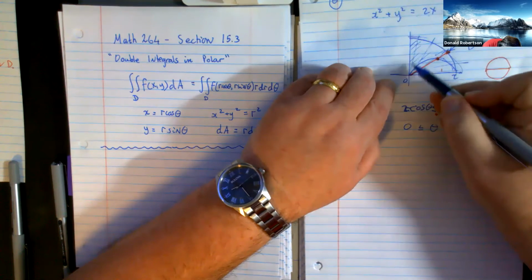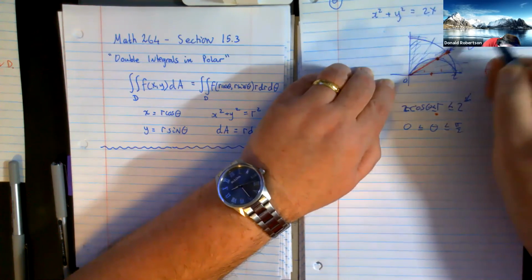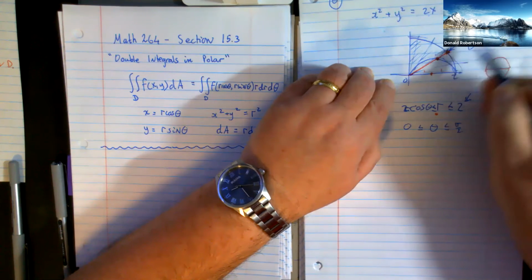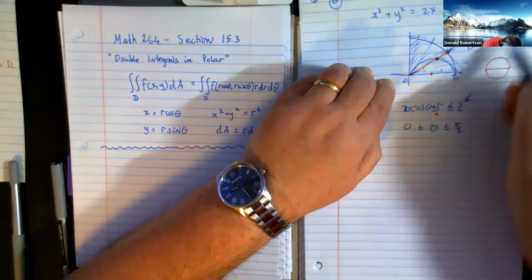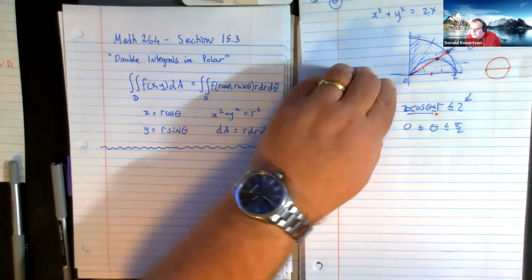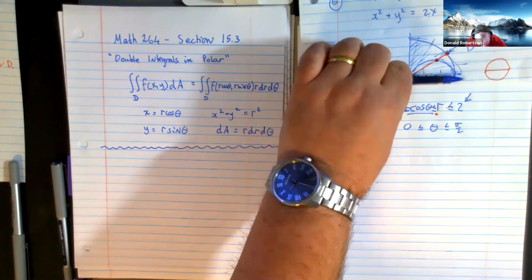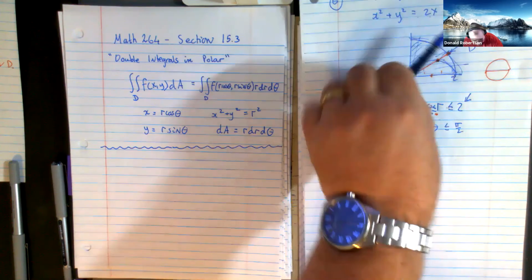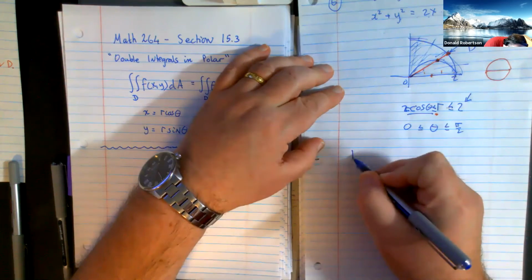And this inside circle is basically r equals 2 cosine theta. So this distance to here is that, and that's how I came out with the start and finish. The thetas were easy. To make this shape, the angle theta starts at 0 and finishes at pi upon 2. And so I now have my region D.